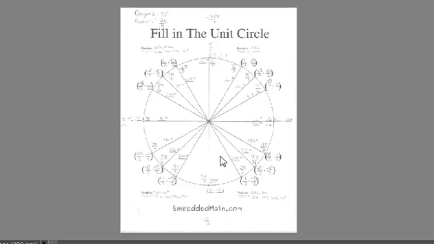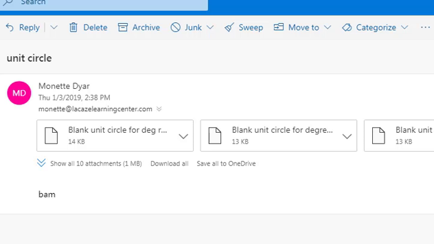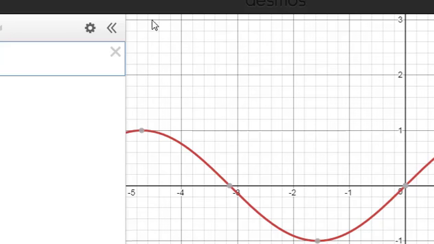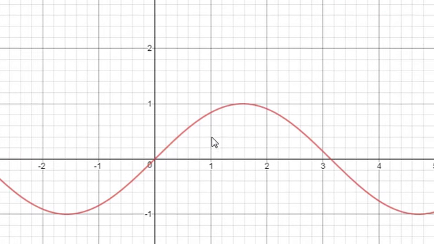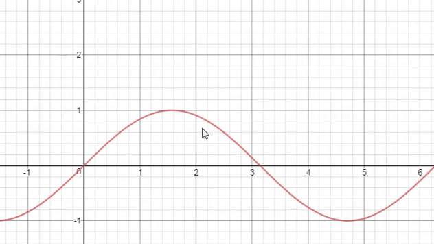The other trap that people fall into with the unit circle, and let me bring up our good friends at Desmos here. I've drawn a sine wave, the graph of the sine of x. You see that sine waves keep going. And the circle is the same, because you can go around and around and around the circle.